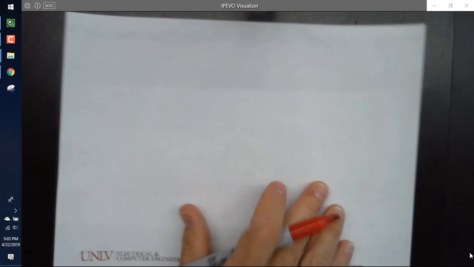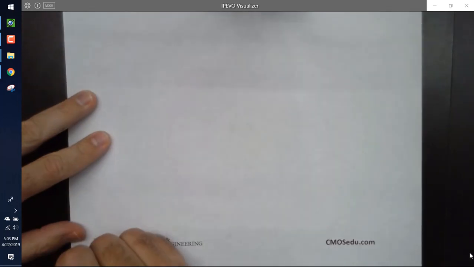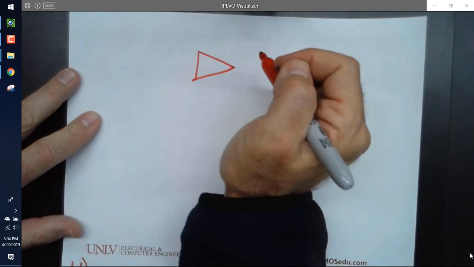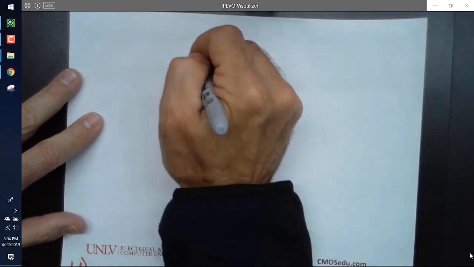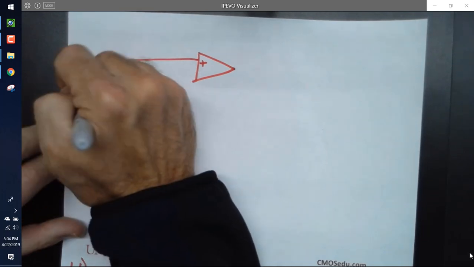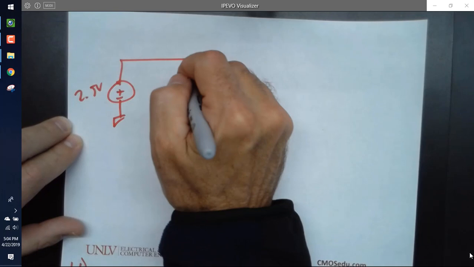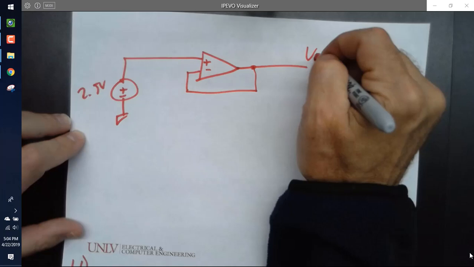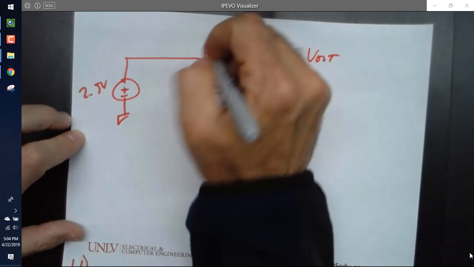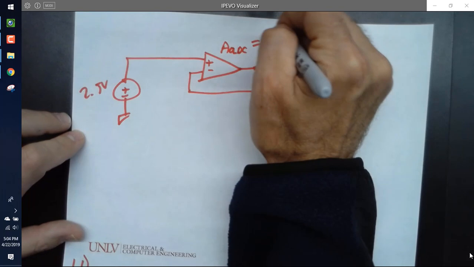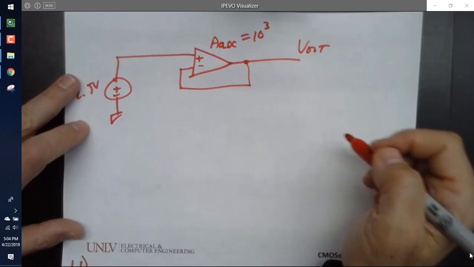So we'll go back here. I've got my op amp, which consists of two gain stages. I have the non-inverting input tied to 2.5 volts. I have the inverting input as my V out. The DC gain here is 1,000, and I want you to calculate V out.